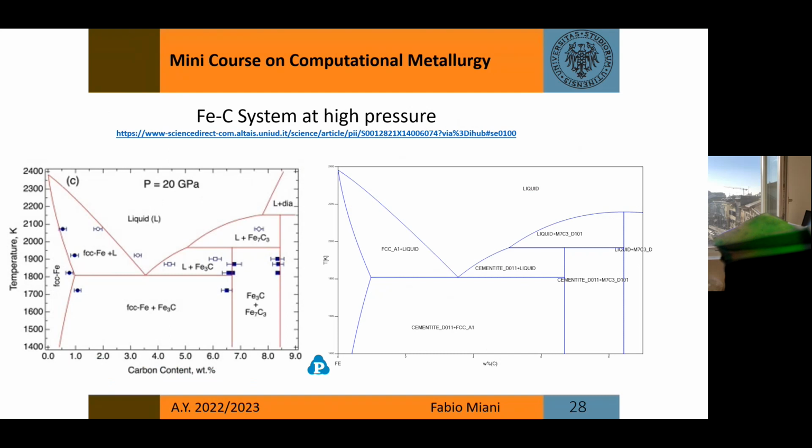It seems that for 20 gigapascals, the result is good enough, even though we don't have a liquid plus diamond region here, probably because I have moved the diamond phase out of the possible phases included in the database, but I should check.